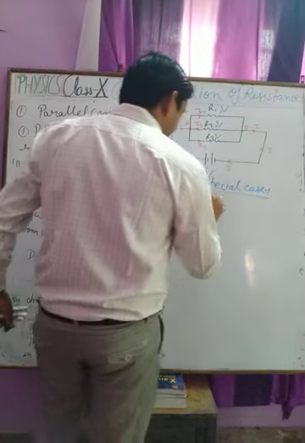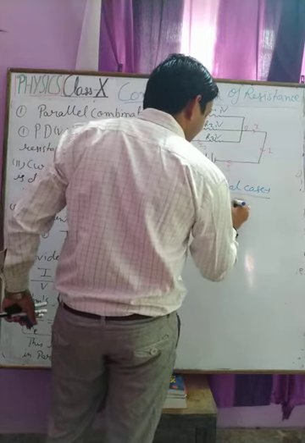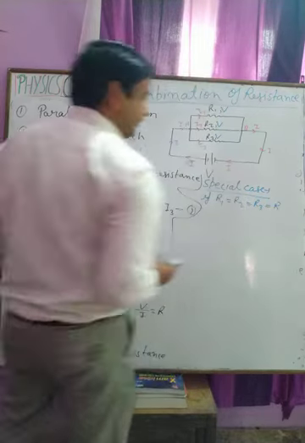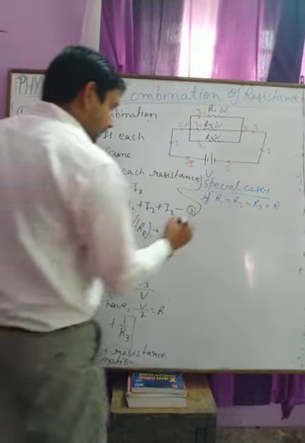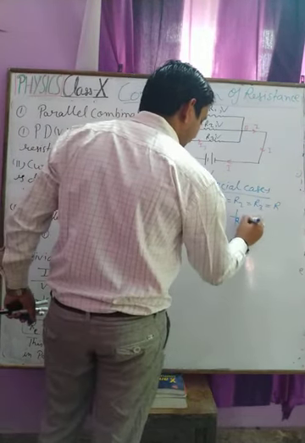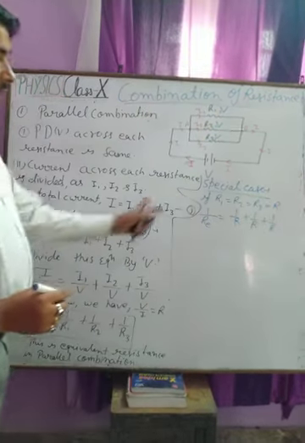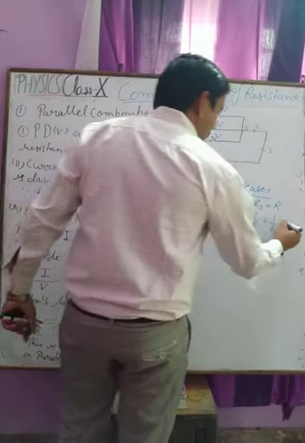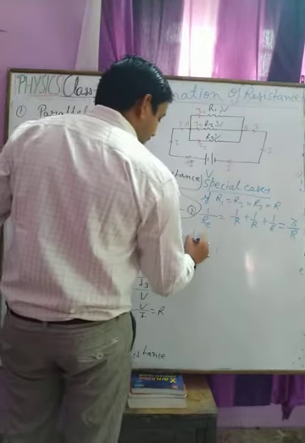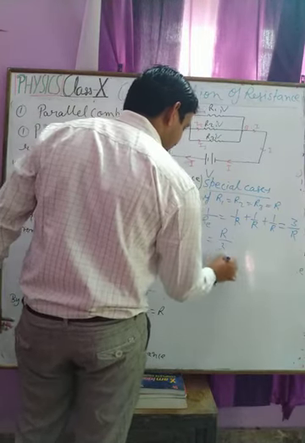First we have, if R1 equal to R2 equal to R3 is equal to R, therefore what we get: 1 upon R equivalent is equal to 1 upon R plus 1 upon R plus 1 upon R. If the denominator is the same, all these add up, that is 3 upon R. Therefore we get the equivalent resistance is R upon 3.